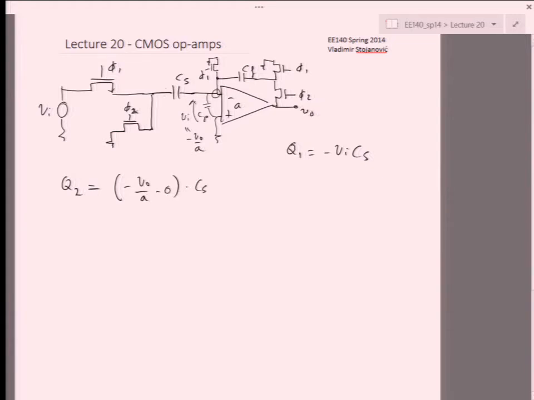That's the charge on CS. And then we have minus VO over A minus VO times CF. And then we also have this parasitic term of minus VO over A times CP. Right, some charge escapes into that parasitic capacitor CP.